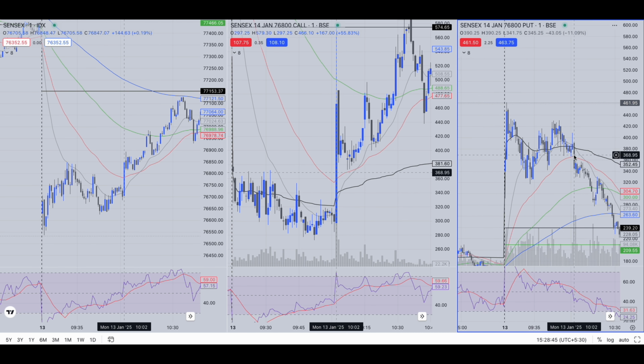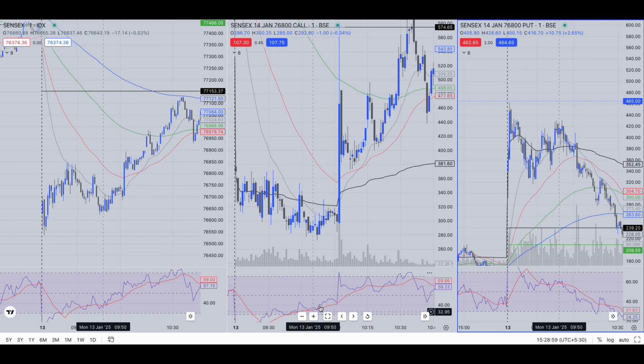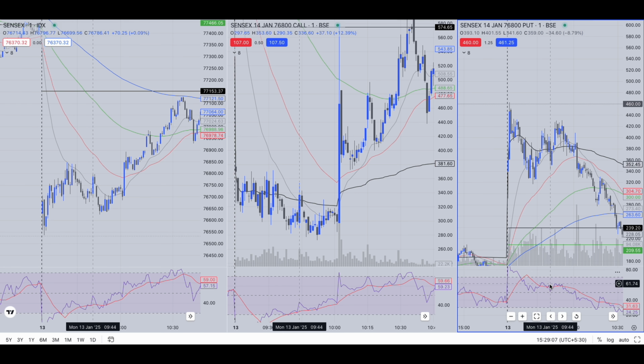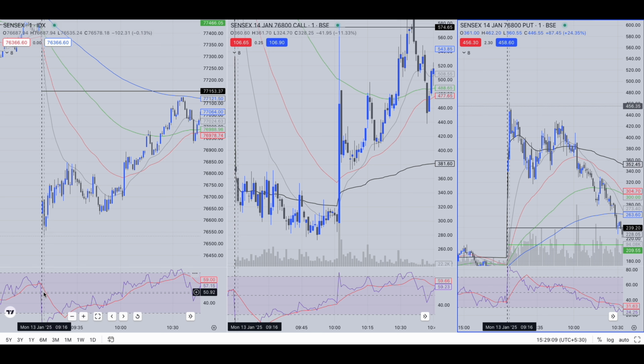And again, this consolidation over here, you can see this kind of consolidation and price taking support at the RSI level over here. You can see this momentum increasing along with price going upwards, but here you can see price clearly declining in the momentum.